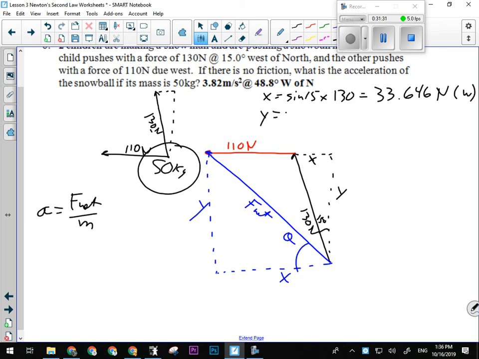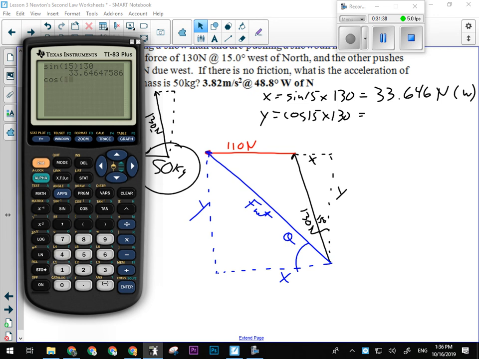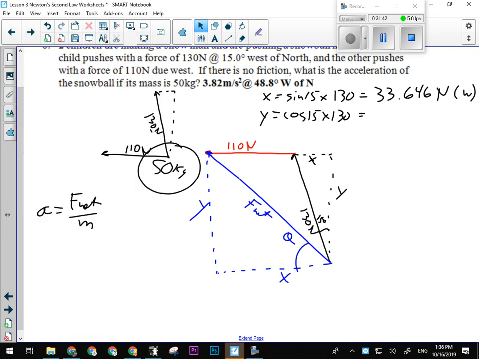Then y is going to be the cos of 15 times 130, so 125.57, and that's north.